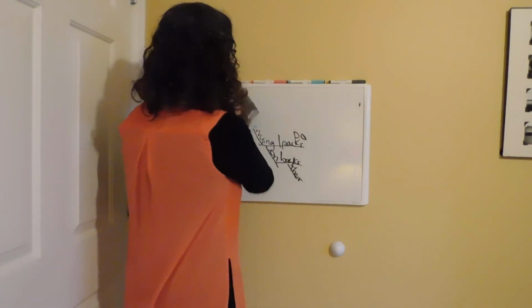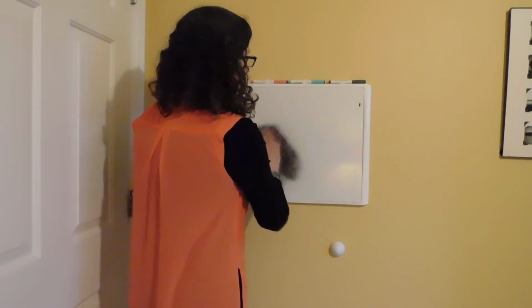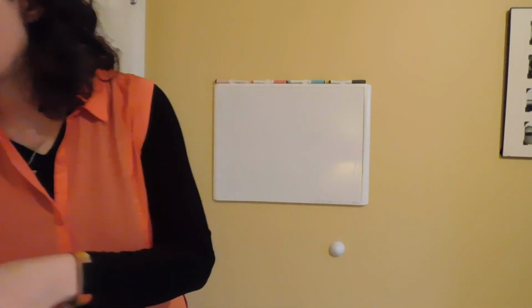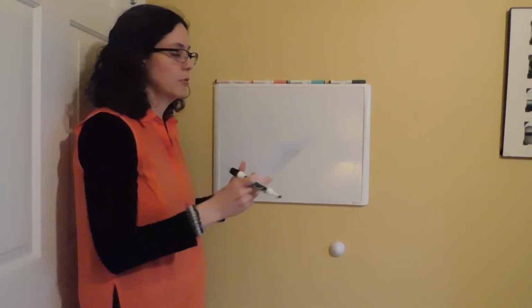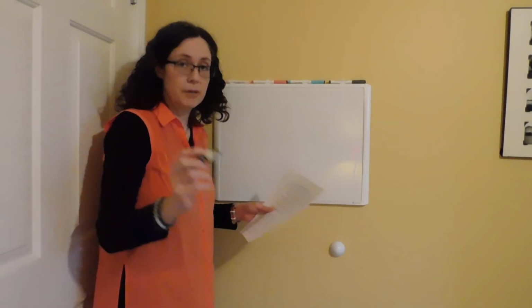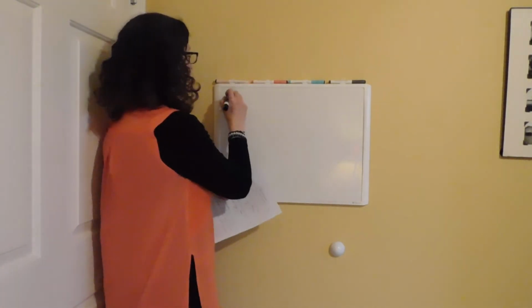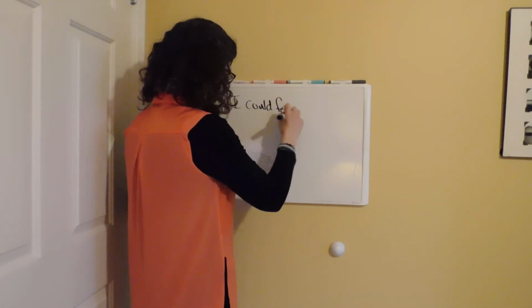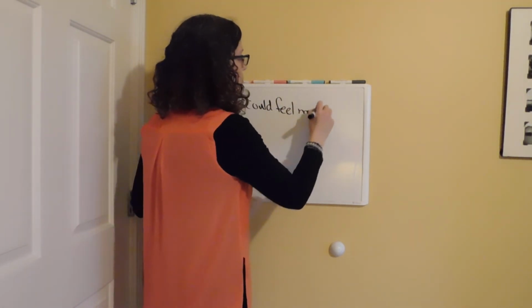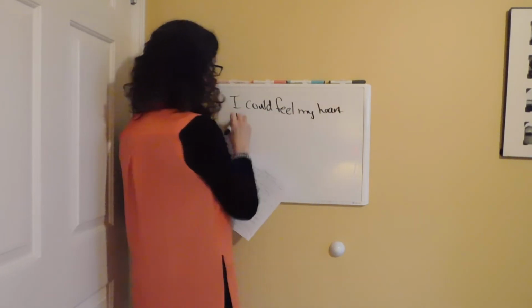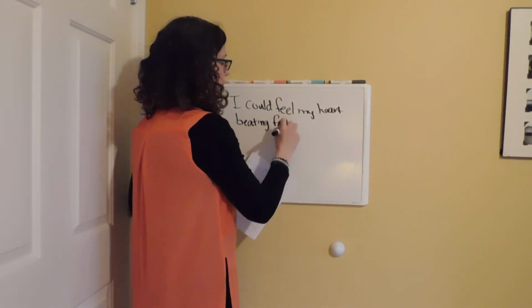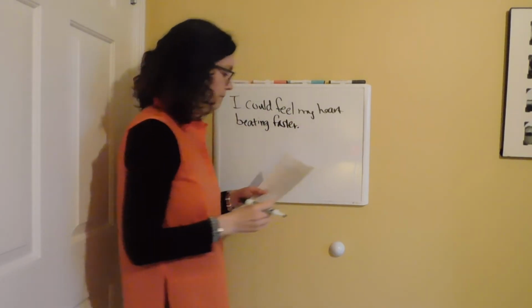Let's look at one more example of something adjectivals can do. Object complement. This is tricky because you need a pedestal. I could feel my heart beating faster. Alright.